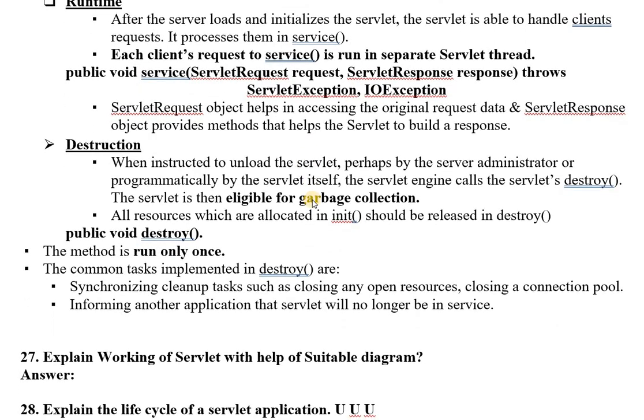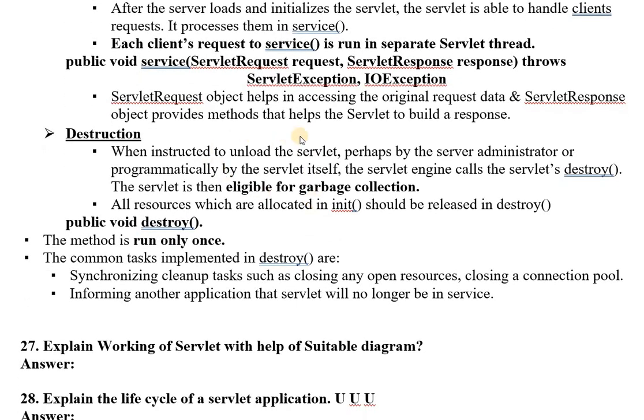Now the destruction. You want to give instructions to unload the servlet. You want to close any open connections which are there. You want to close the connection pool. Any cleanup kind of tasks you need to perform, you can do that in the destroy method. Only when the destroy method is called, the servlet is then eligible for garbage collection.